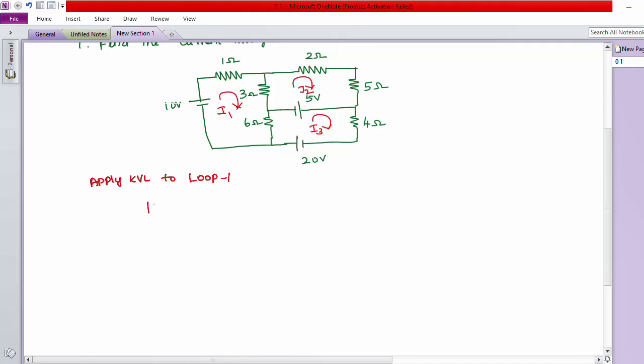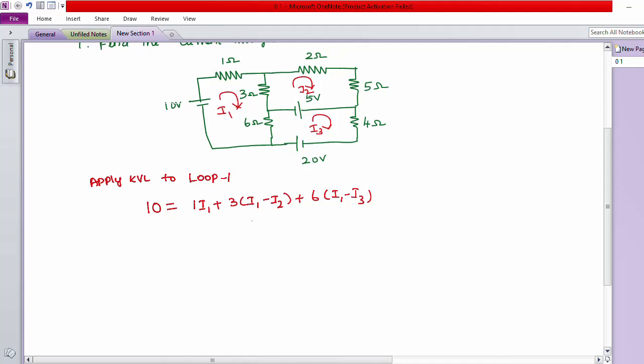So the voltage rise, that is 10, equals 1 into I1 plus 3 into (I1 minus I2) plus 6 into (I1 minus I3). The 3 ohm resistor is common to loop 1 and loop 2, so we write 3 into (I1 minus I2).